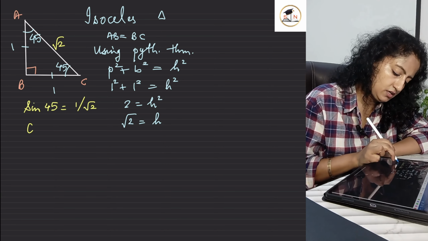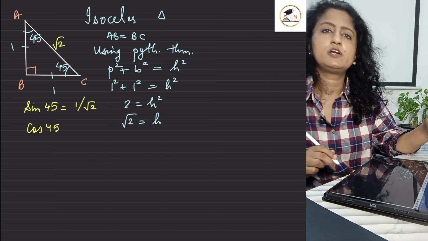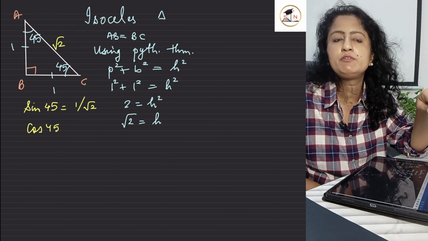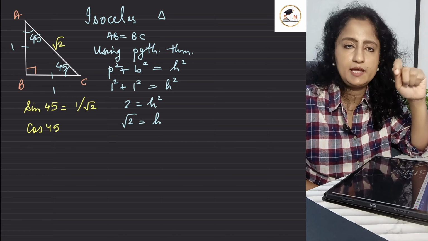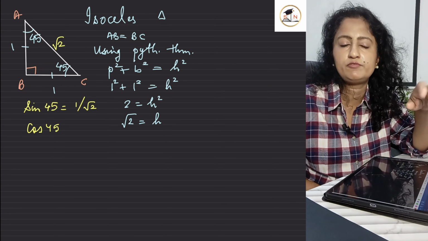Okay. Cos 45. अब यहाँ पे, before I write cos 45, in this figure, ऊपर भी 45 है, नीचे भी 45 है. It is absolutely up to you. आप ऊपर वाले एंगल को रेफर करो या नीचे वाले एंगल को रेफर करो.